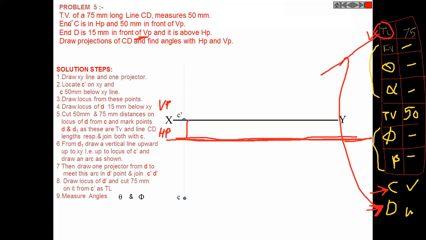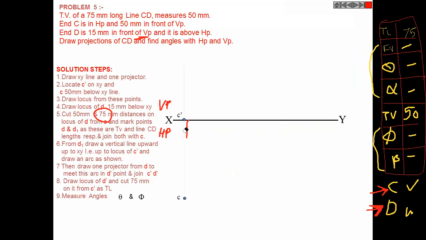But we know the CD length is how much? 75. So that can happen at only one point. So this will become the true length. Understand or not? Let us see the solution. You may get it.